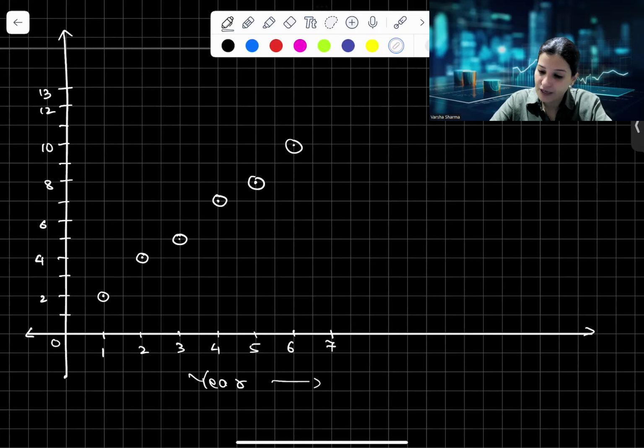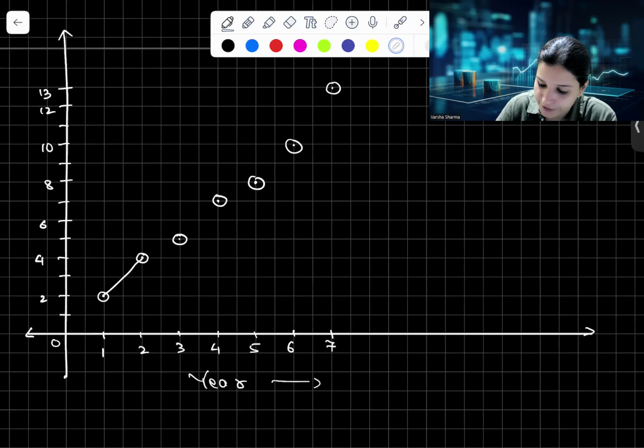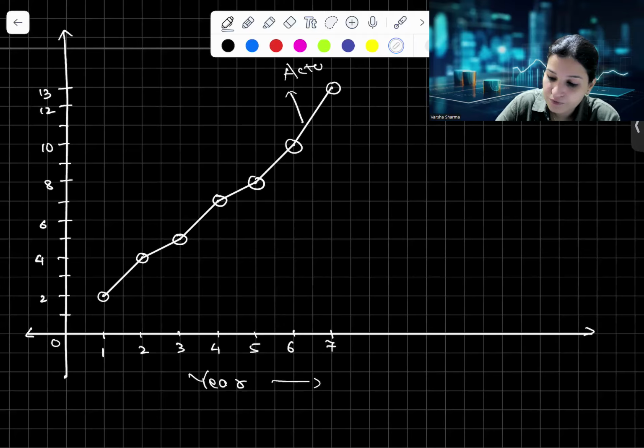Year 7, the value was 30. Join each consecutive point by a straight line. These are the actual values. So first, the time period on the x-axis, the second column on the y-axis. Till here, any doubt?